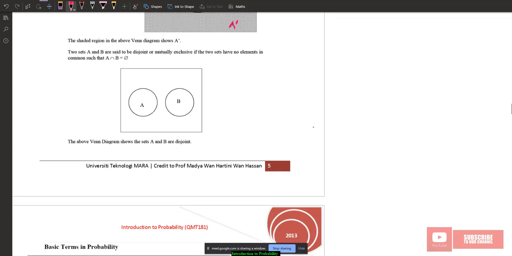And for this one, sets A and B do not have an intersection, they do not overlap here. So it means that A and B are mutually exclusive events. So A intersect B here is a null set or empty set, right?